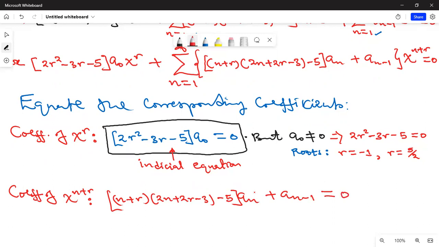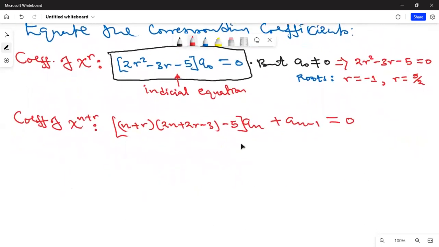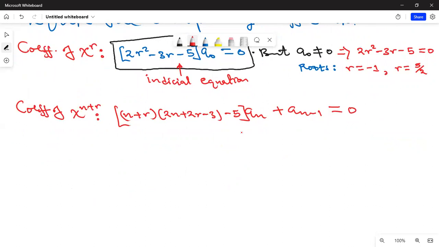So let me make a subscript n the subject. So from here, we can as well say that, therefore, a subscript n is the same as, because I'll take the other to the right hand side and then divide by the coefficient of a subscript n, so that we are going to get -1 over n plus r times 2n plus 2r minus 3, then minus 5.